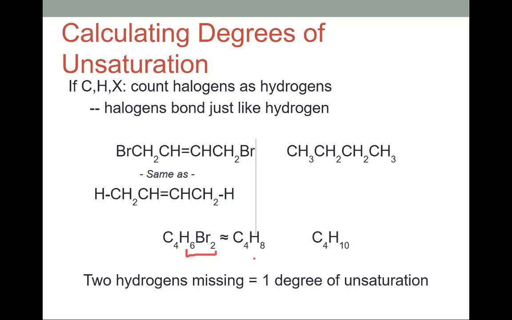And again, with these numbers in this example, I would say I'm missing 2 hydrogens, which is 1 degree of unsaturation. So the point is, replacing these bromines with hydrogen, or these hydrogens with bromines, makes no difference to the rest of the molecule. So the rule says that I combine all my halogens and hydrogens together and then use that number to compare to my fully saturated.